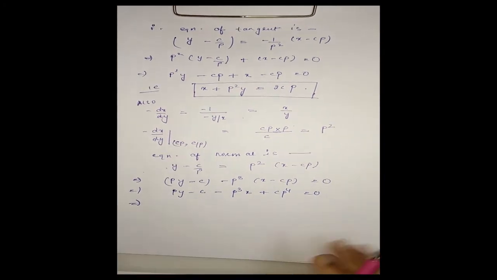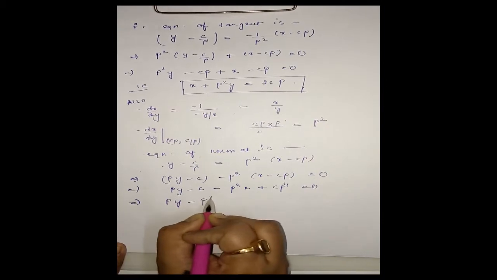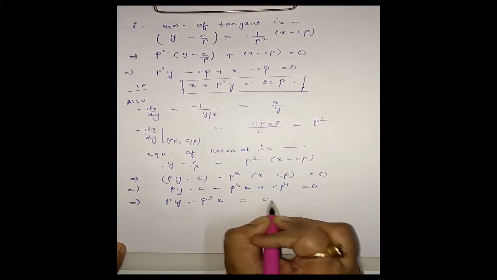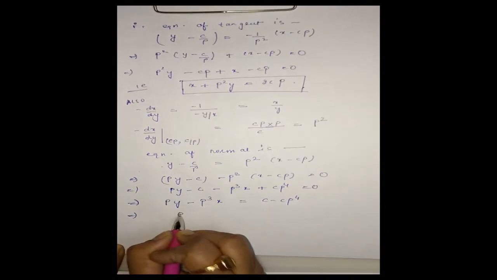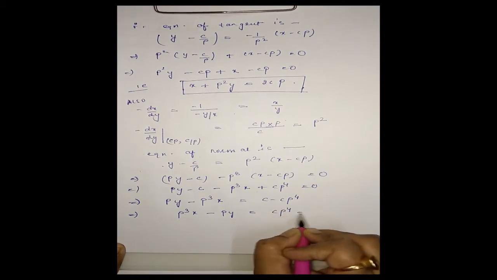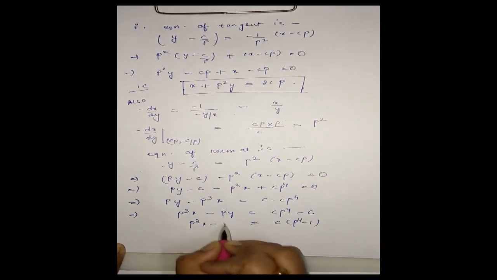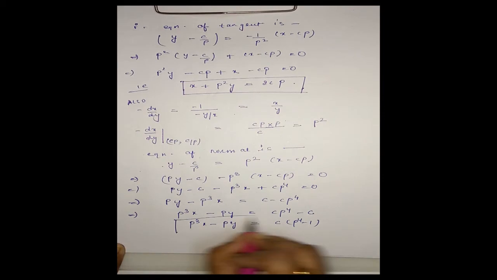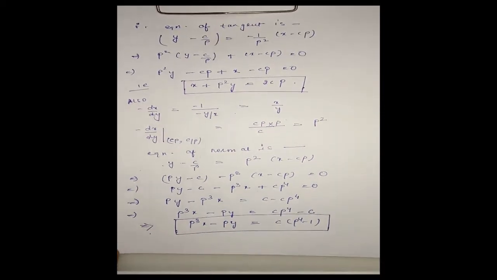Okay, this means this will give us py minus p cube x is equal to c minus cp4. That is, p cube x minus py is equal to cp4 minus c, which can be written as cp4 minus 1. This is the equation of normal to the given curve.